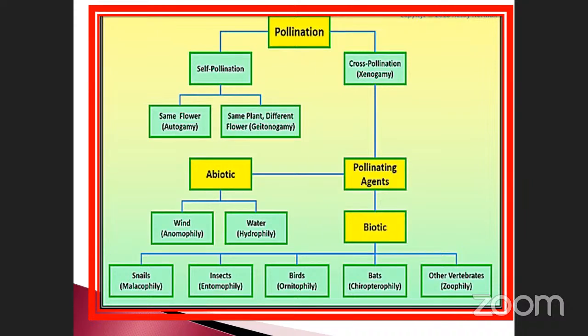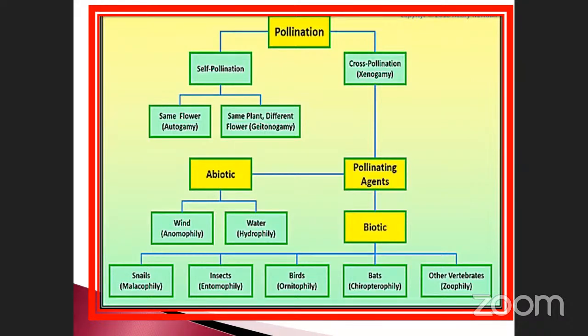What other things are there? Snails, insects, birds, bats, and also other vertebrates. These are all considered living organisms. See that, one by one I will show you.